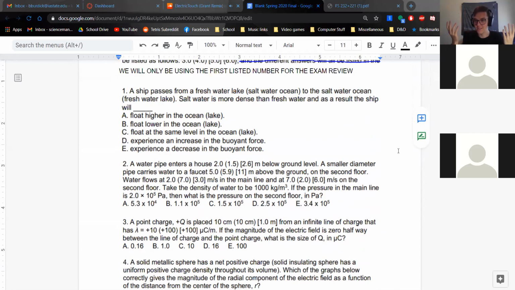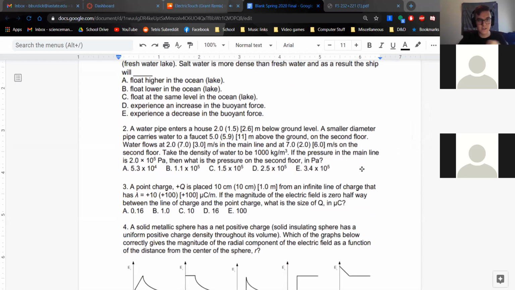So the forces need to be balanced. If the force increases, then you're going to be accelerating upwards. So it's not so much that the force increases. Yeah, V displacement is smaller to have the same amount of force. So it's going to be higher up in the water, is the idea. Yeah, thank you, Ethan.